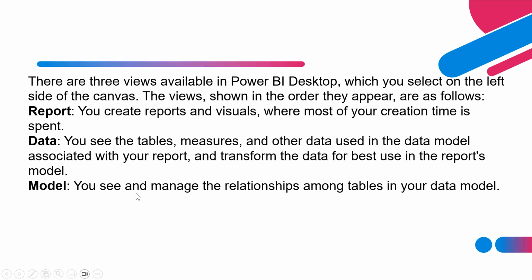And the last one is the model view. I've explained that earlier. That is where you manage your relationships and your model. I'm still going to talk more about the model once we get to data modeling.